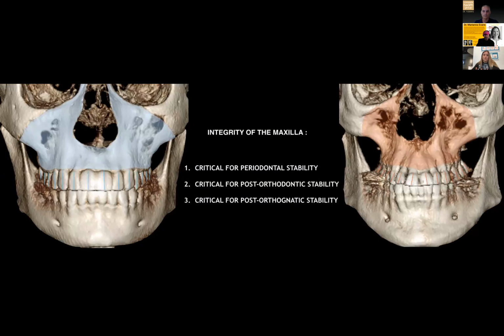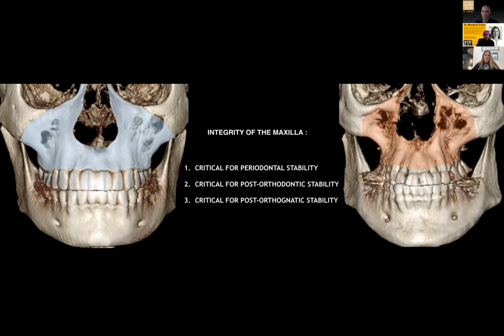Here we have two images. The one with the blue outline of the maxilla is corrected maxillary dimension to normal, and the one with red or orange outline is deficient maxilla. Integrity of the maxilla is very critical for periodontal stability and post-orthodontic stability.